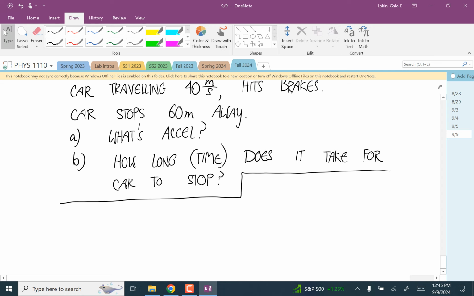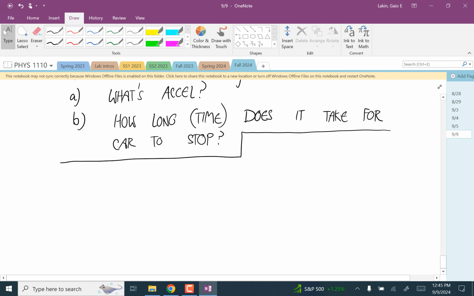Okay, I'm going to start by drawing out a little diagram of what this motion looks like. Let's say that the car is moving from the left to the right. This is where it hits the brakes on the left, and this is where it comes to a stop on the right, and so those two are 60 meters apart.